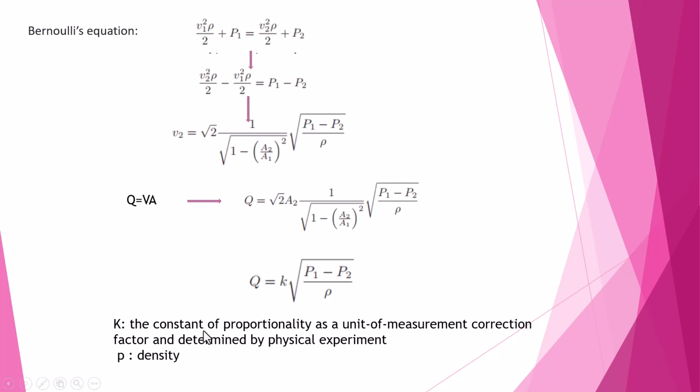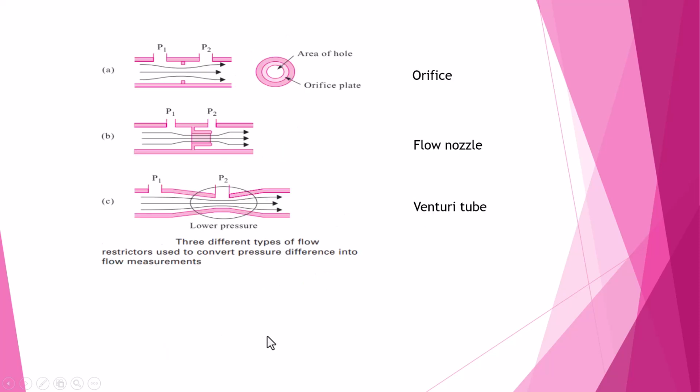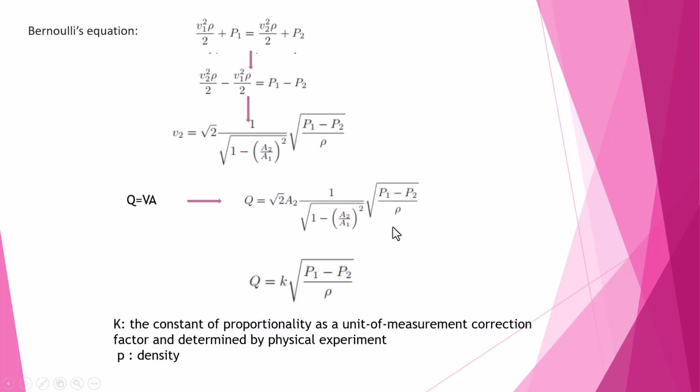K is a constant of proportionality, a unit of measurement correction factor, decided by physical experiment. If you design something, for example the pipe, and you use an orifice, flow nozzle, or venturi tube, after that you can get the K constant.